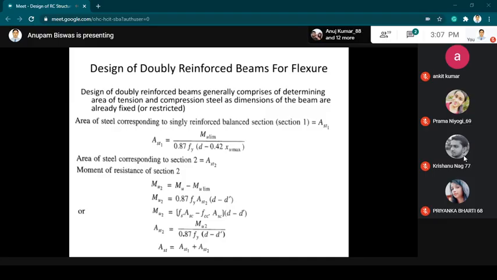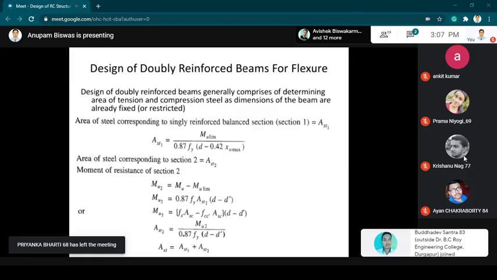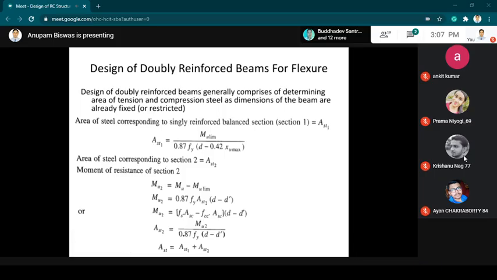So to find the corresponding value of AST2, we have to take it out in terms of section 2, and the corresponding moment for that is Mu2, and here Mu2 is actually the total Mu value minus Mu limit.